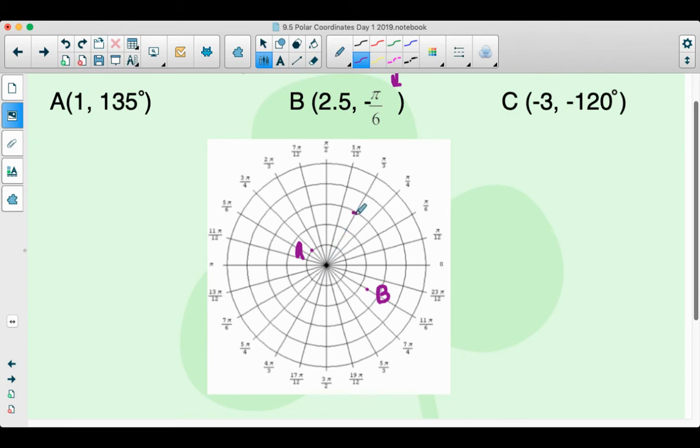So there's another name that I can call that point that ends up in the exact same place. And all of these could have multiple names for that exact same point. This one turns out to have landed, because we were looking at 4 pi thirds and going the opposite direction, we're looking at that angle right there.